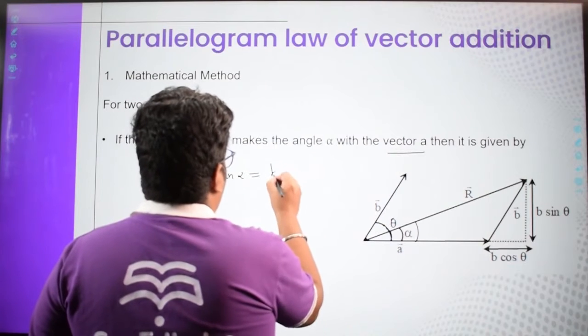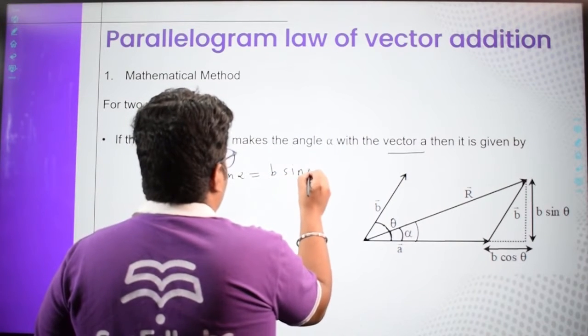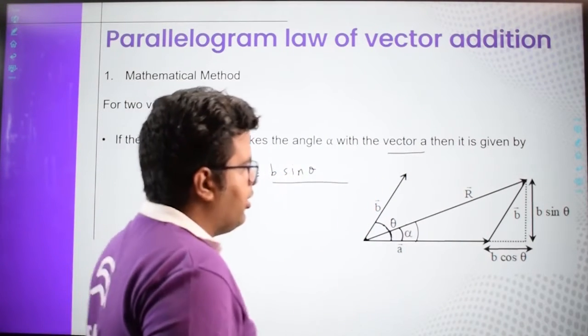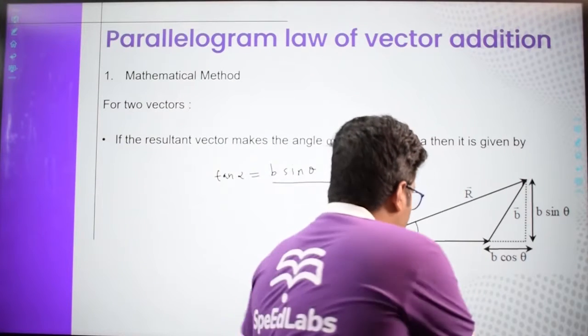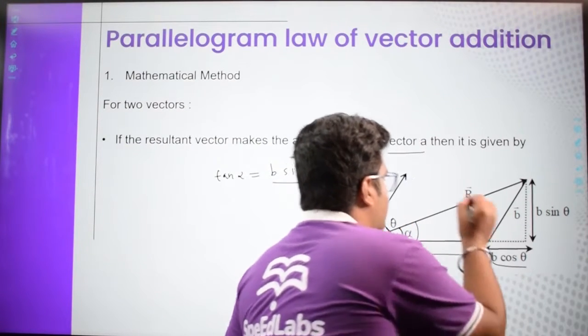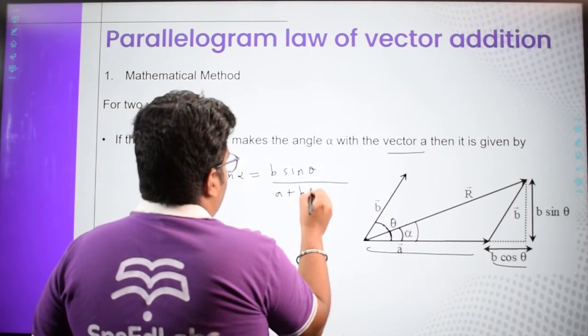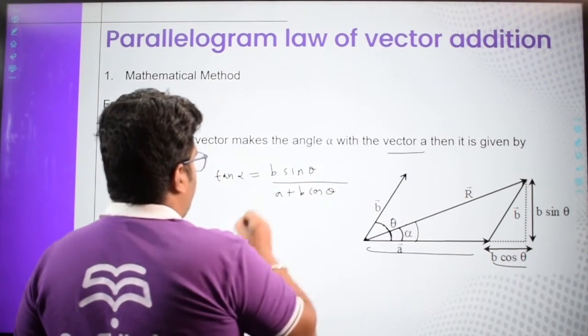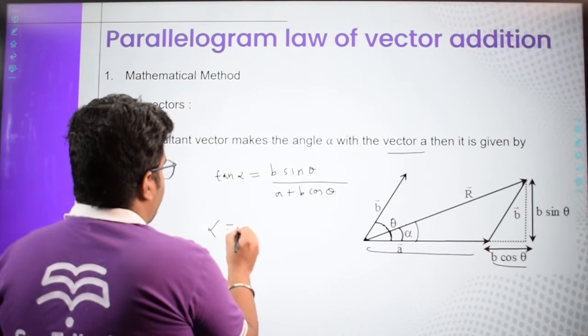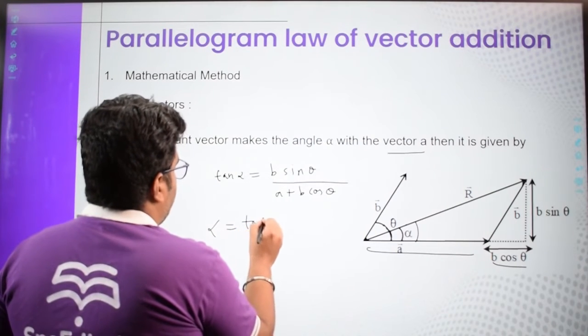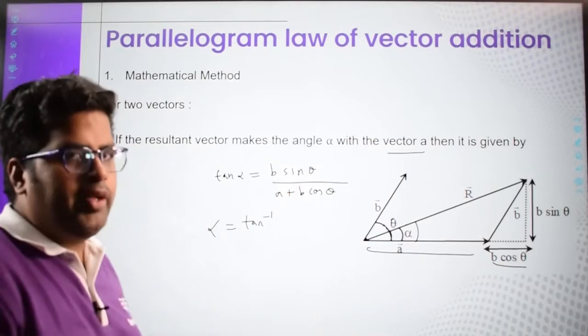So we'll write tan alpha equals b sine theta upon base. Now the base is A plus b cos theta. This is the angle alpha we got from here, and it comes out as tan inverse. If tan goes to that side, it becomes tan inverse.